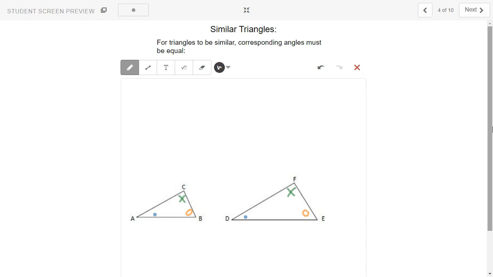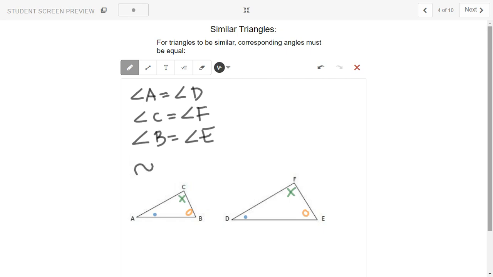Now what we've done here, we've said that angle A is equal to angle D. Angle C is equal to angle F, and angle B is equal to angle E. Now, if all three angles are the same, then we can say that the triangles are similar.